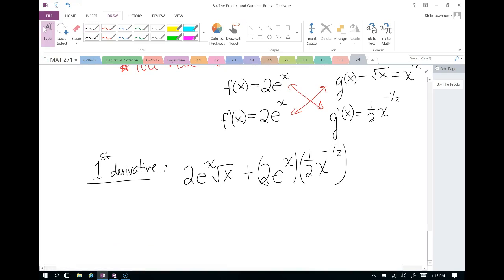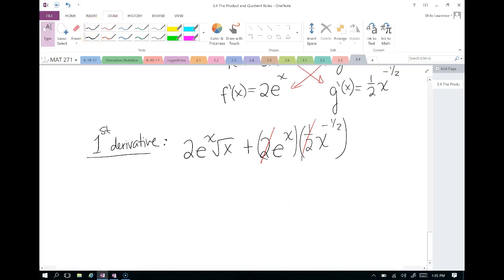That's the first derivative. Now there isn't anything I can do to simplify that first term, but that second term I am going to go ahead and cancel off the 2 times 1/2 because 2 times 1/2 is just 1. That'll make my second derivative a little bit easier.